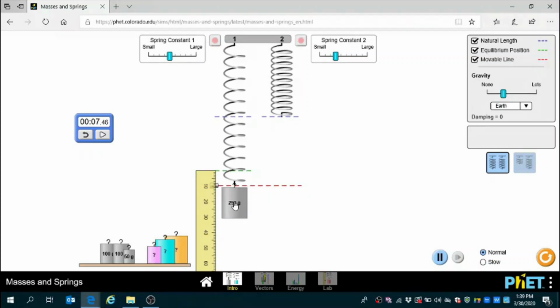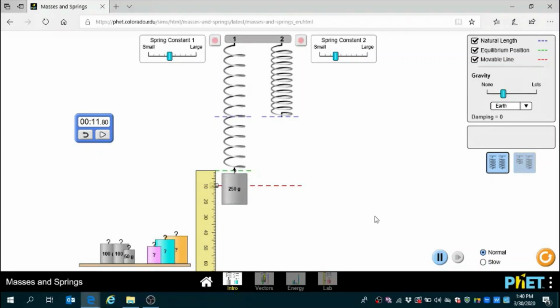If we pull the mass down to here and let it go, you can see it going even slower. 1, 2, 3, 4, 5, 6, 7, 8, 9, and 10. That is already over a 1 second period, which means that clearly, the bigger the mass, the longer the period.